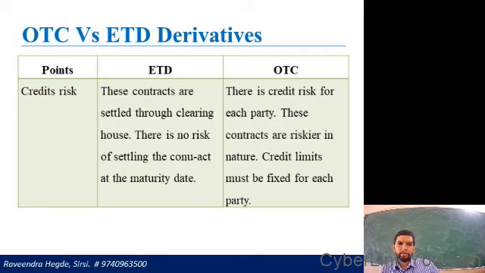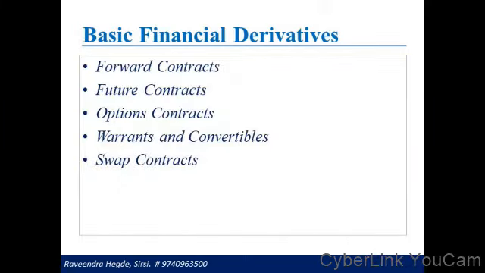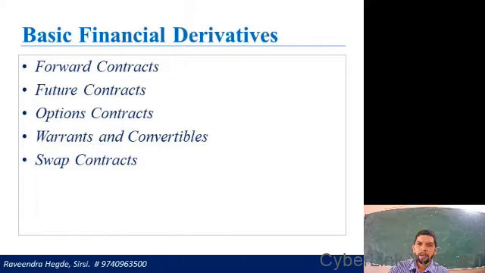Friends, now let us understand some of the basic financial derivatives. The forward contracts, future contracts, option contracts, warrants and convertibles, and swap contracts commonly come under basic financial derivatives.